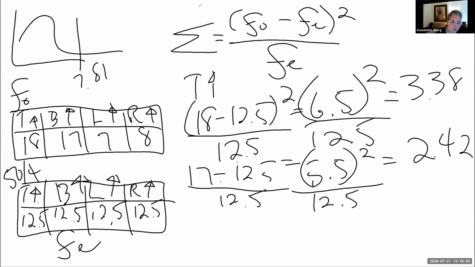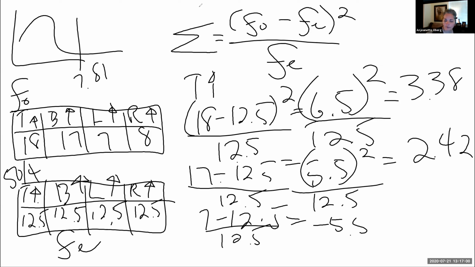Now I'm going to do 7 minus 12.5 over 12.5. And that's going to be negative 5.5. Which is still, because once I square this, it's a positive number.